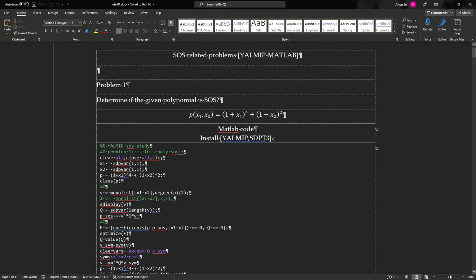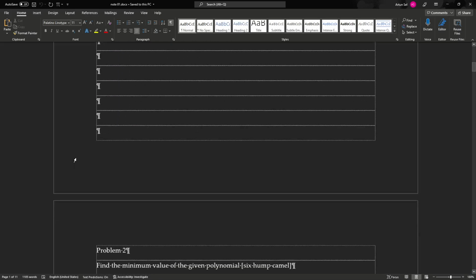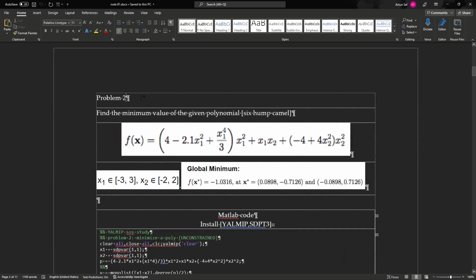For example, this is SOS problems, YALMIP MATLAB, and this is problem 1, the problem that we looked at, and these are the MATLAB codes. Here is problem 2: find the minimum value of the given polynomial, called the 6-hump camel. This function is called the 6-hump camel function because it has many local minimums.